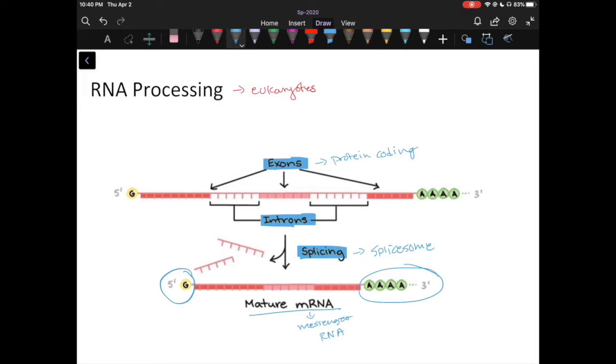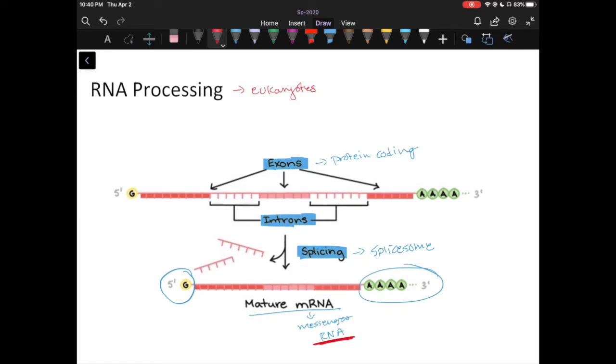The poly A tail is just a string of 250, as a rough estimate, of adenine nucleotides that help to transport this mRNA out of the nucleus into the cytoplasm, ultimately where translation occurs. And also both the 5' cap and the poly A tail help to stabilize the mRNA molecule. So this is one fate of RNA when it's transcribed.